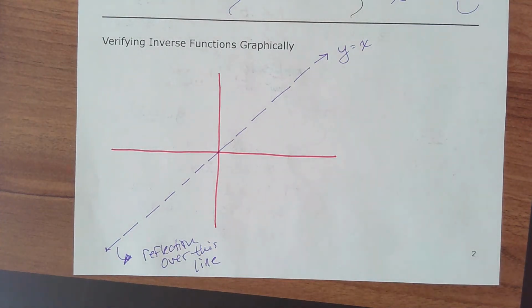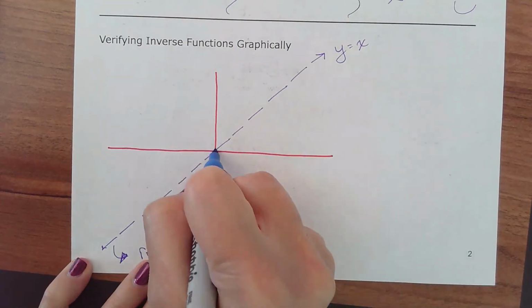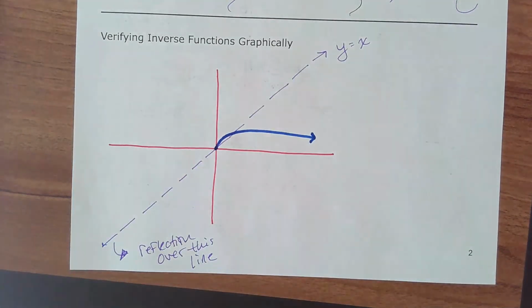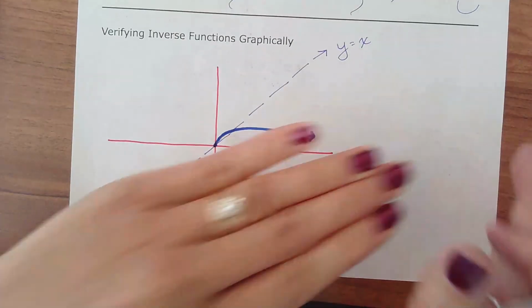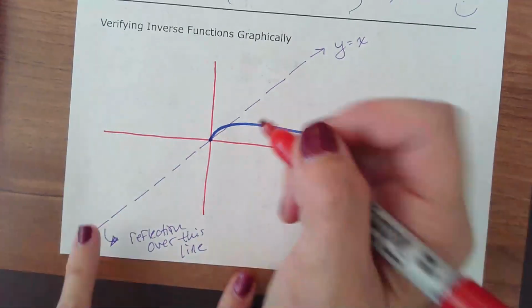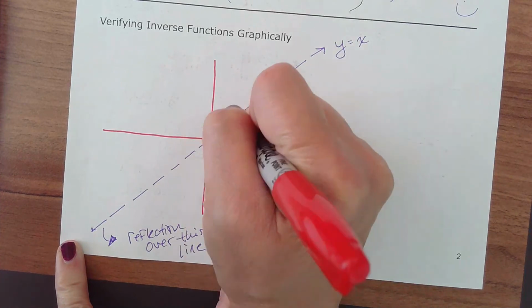So if I had, let's say I take a parent function. Let's take my basic square root function. And I start at 0 and my function goes like this, right? So that's my parent function for a square root function. If I translate that or reflect that over this line, in other words, I take all these points, I fold my paper along this line and I translate it, if you will, it's gonna look like this.